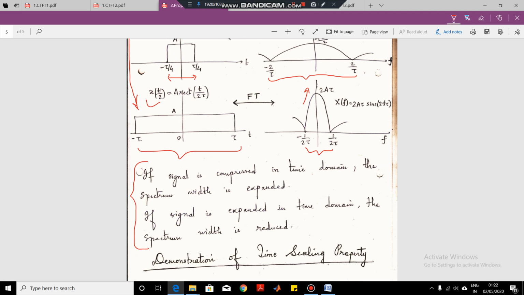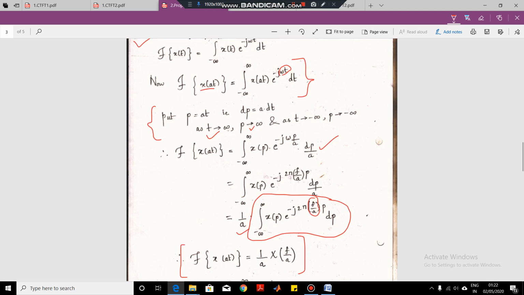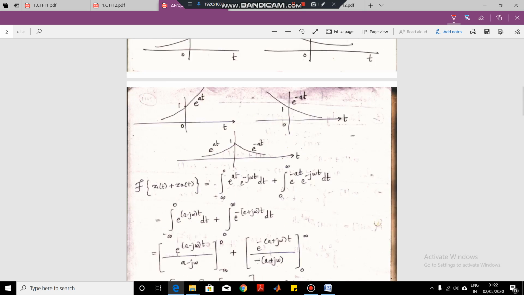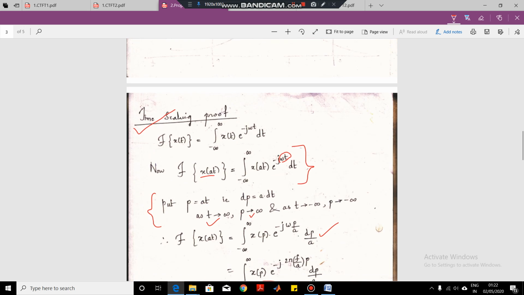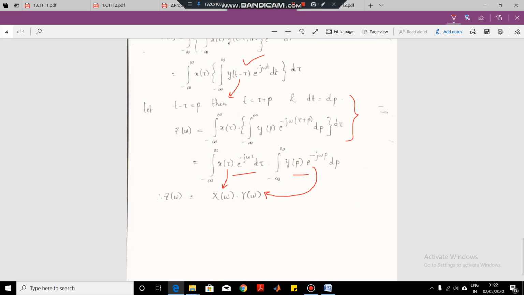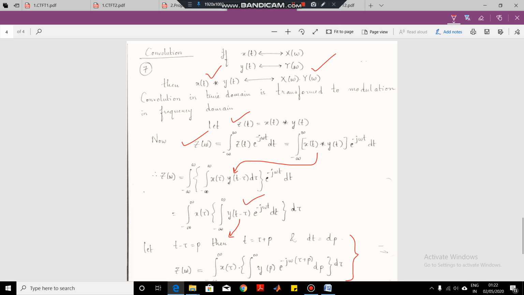In exams, it may be asked about the statement of these properties, linearity property, time scaling property, and the proof may also be asked. Sometimes a numerical may be given wherein we have to make use of these properties to solve it. So we will see the numericals based on these properties in the next session.